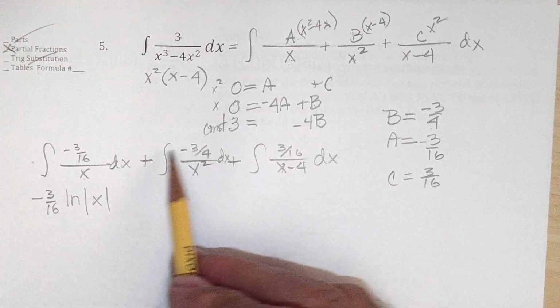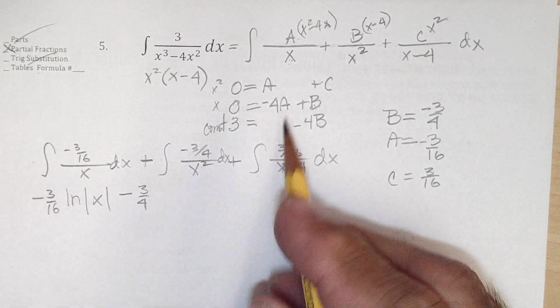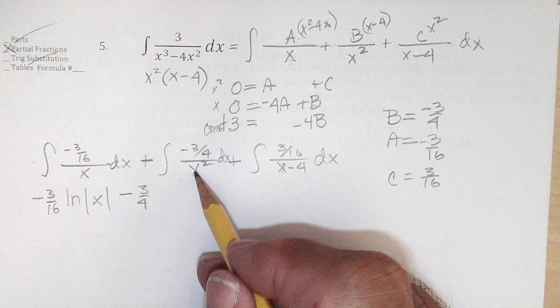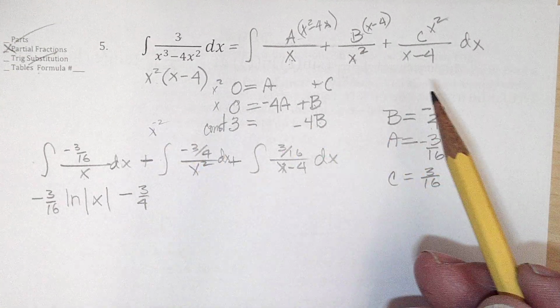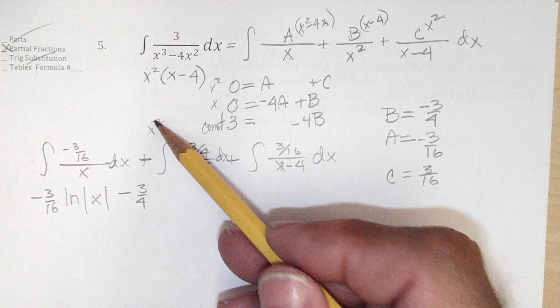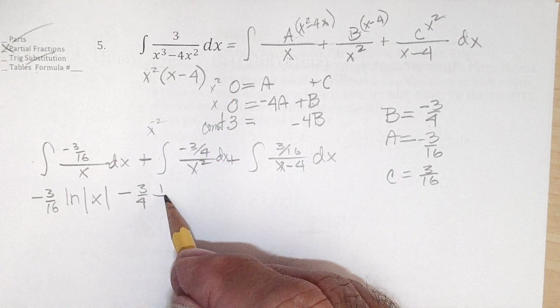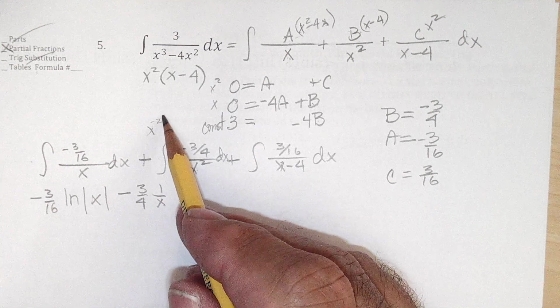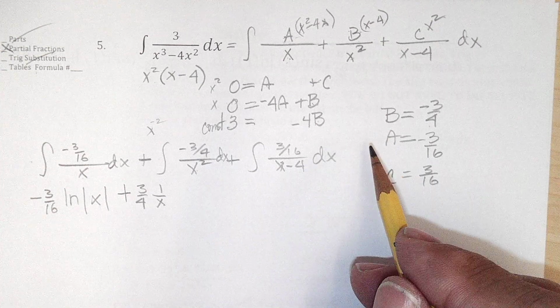This is -3/4 pulls out, and this is x with the x moved out of the denominator. It's x to the -2. If I integrate it, it goes to x to the -1, which is 1 over x, divided by -1, which changes this to plus.